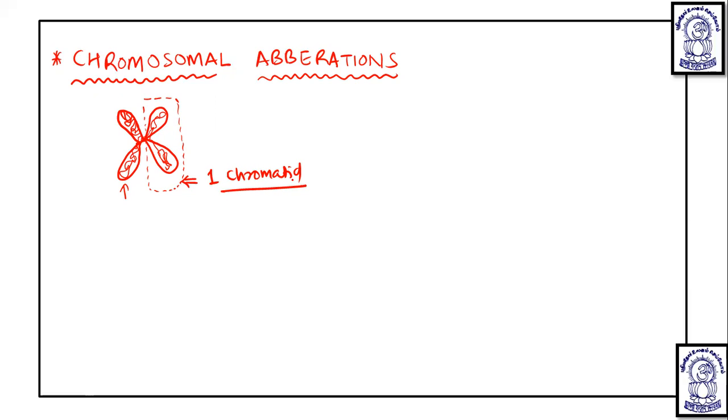Now in this one chromatid, the DNA helix runs from this end to this end, and the DNA in this chromatid is in a highly supercoiled form. So when it is present in highly supercoiled form, the loss or gain of a segment of DNA results in alteration of chromosome.